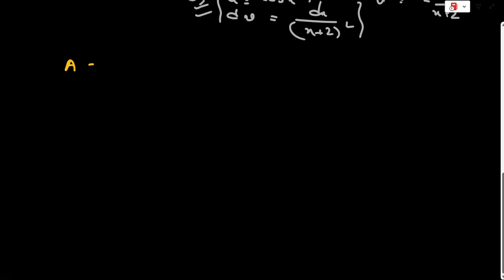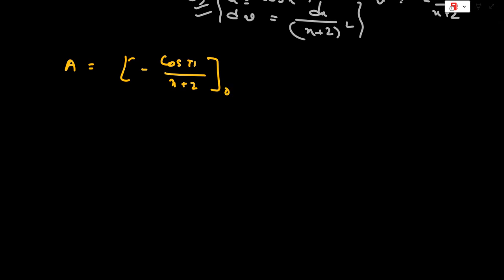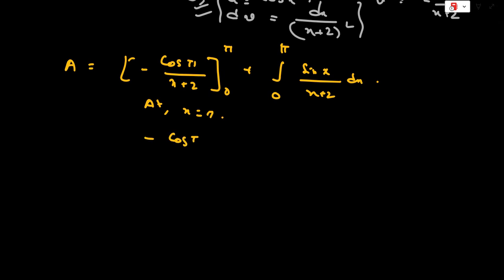So A is minus cos x by (x plus 2) from 0 to pi, plus the integral from 0 to pi of sin x by (x plus 2) dx. Now compute the boundary term. At x equal to pi, minus cos pi by (pi plus 2) is 1 by (pi plus 2).